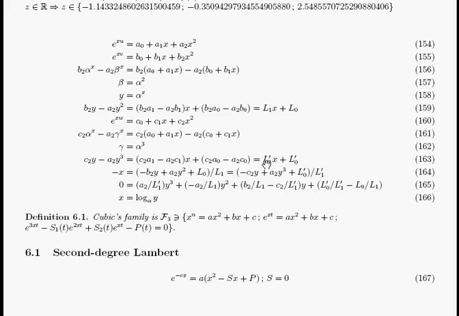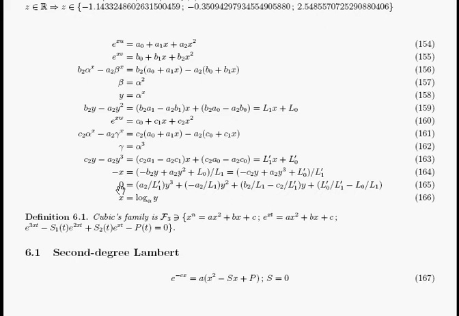Now we combine both. Who is minus x? This guy divided by L1 and this guy divided by L1'. So we have a function of y and y squared, here is y and y squared, and a function of y and y cubed, and here is c2 y minus a2 y cubed.